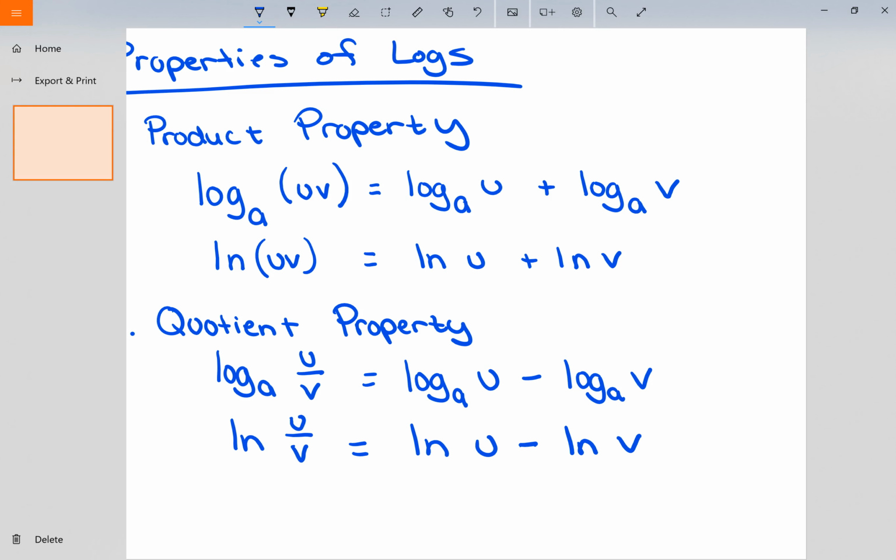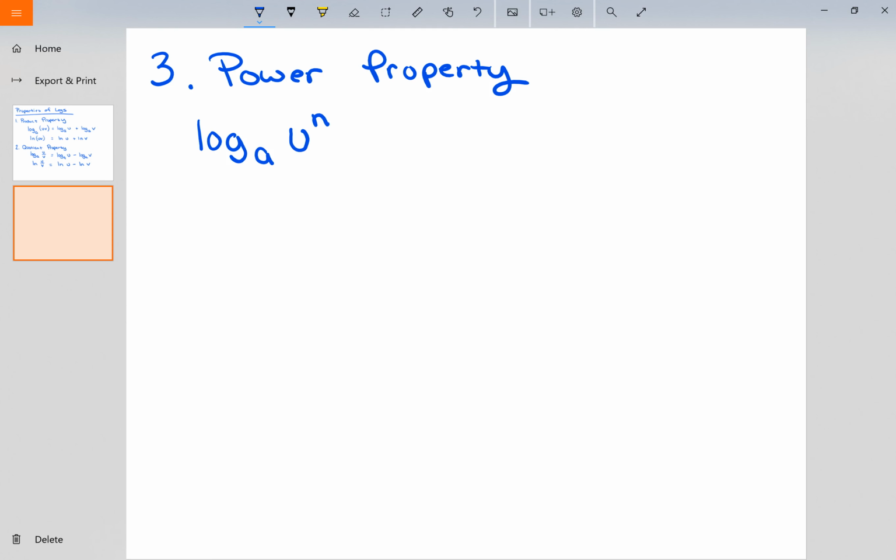Then let's get another page because I wrote so big. Okay, so then let's do our last one, which is our power property. Power property says if I have log base A of U to the nth power, I can take this power and power down.